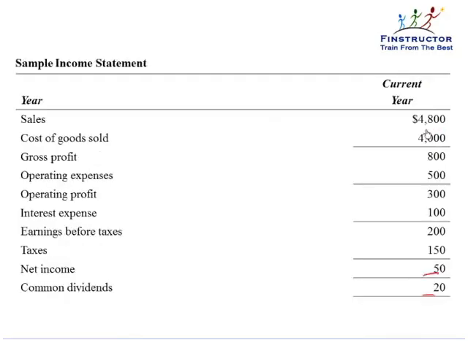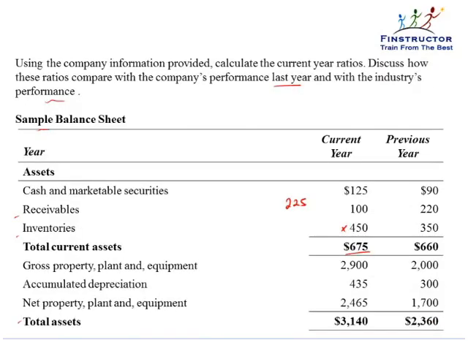The sales are given to be 4,800 in the question, and the accounts receivable were $100 at the end of the year and $220 at the beginning of the year. So the average can be calculated as $160.